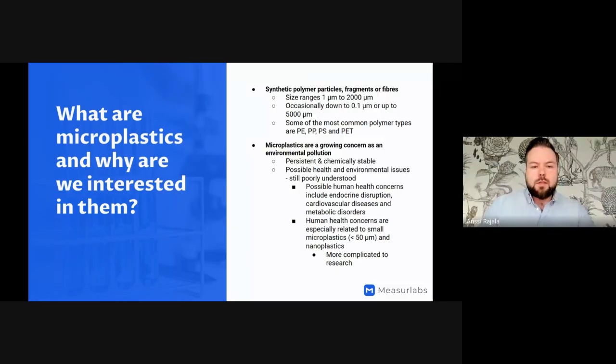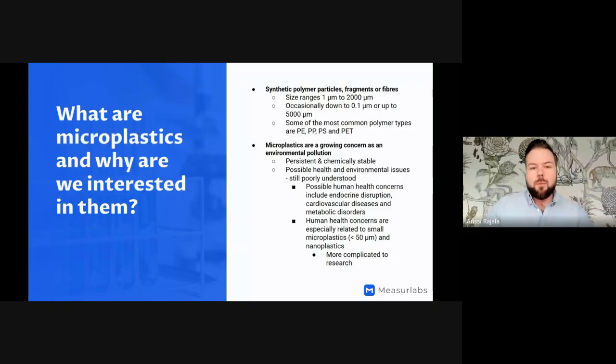Microplastics are synthetic polymer particles, fragments or fibers, with size ranging from 1 micrometer to 2000 micrometers. Occasionally this goes down to 0.1 micrometer, especially in the new EU regulation, or up to 5000 micrometers, in which case particles larger than 2000 micrometers are usually considered large microplastics.